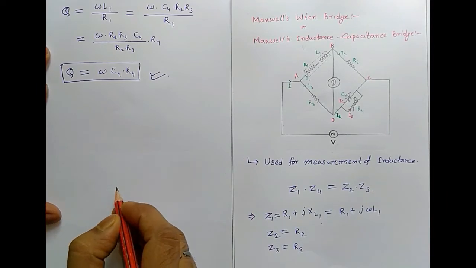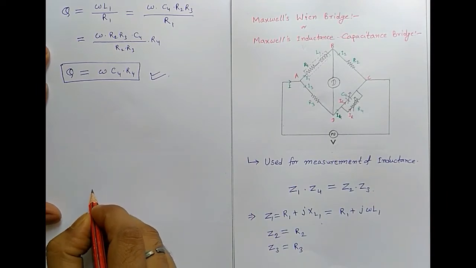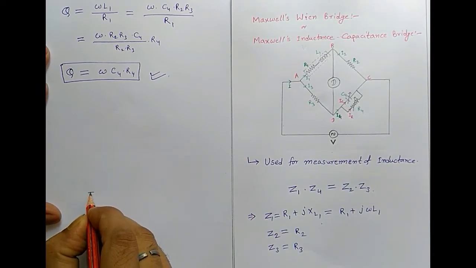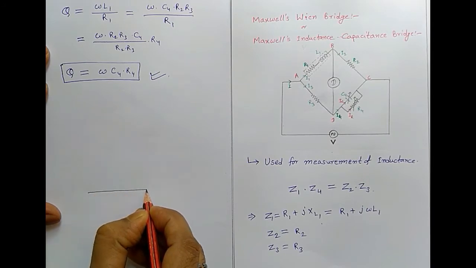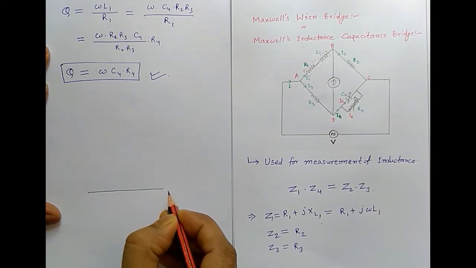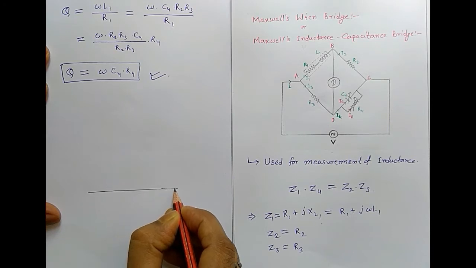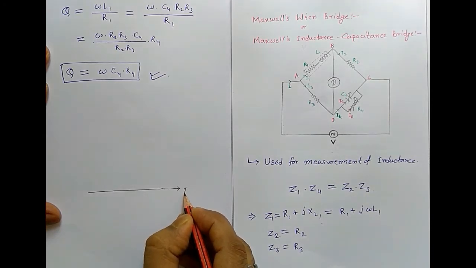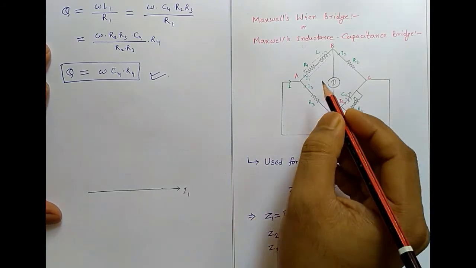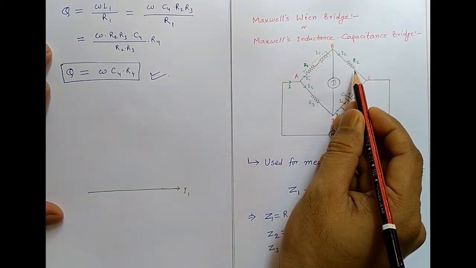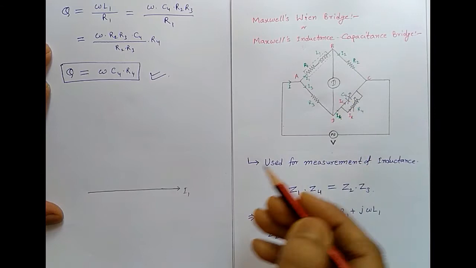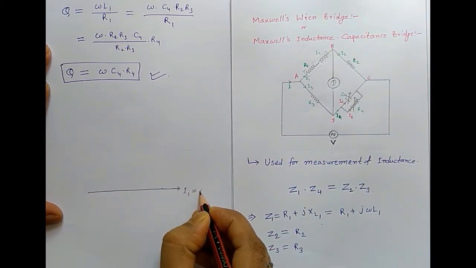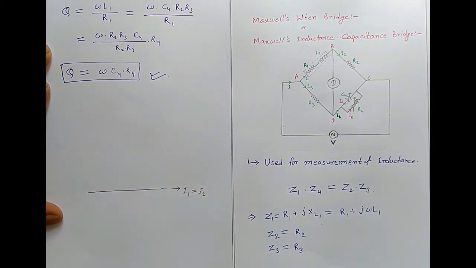First of all, let us assume that this is the line of current I1. So I2 will be the same, because I1 equals I2.